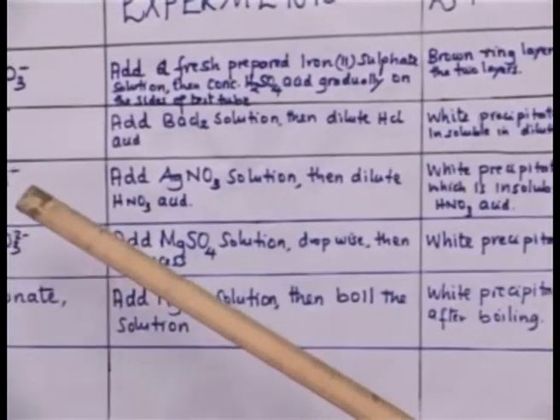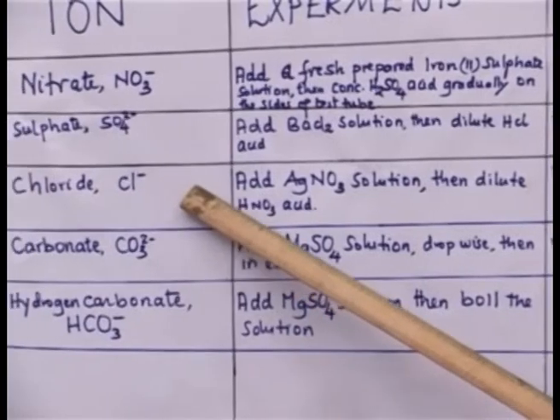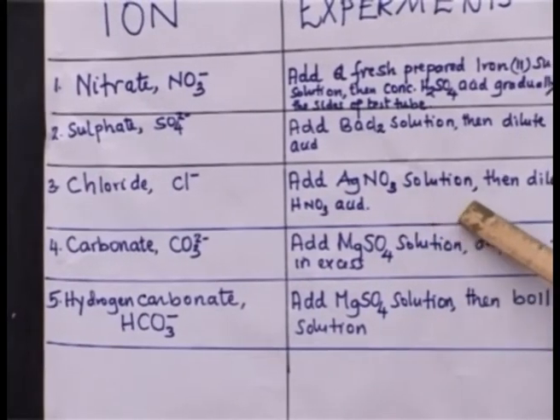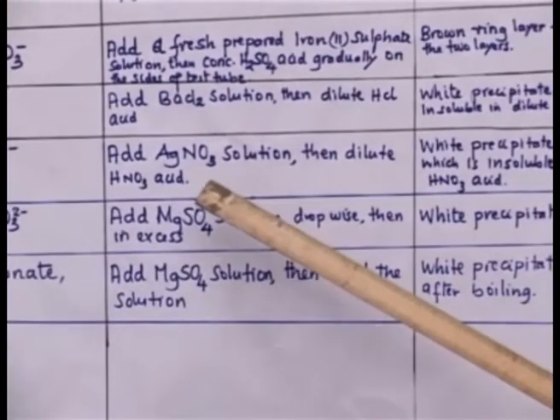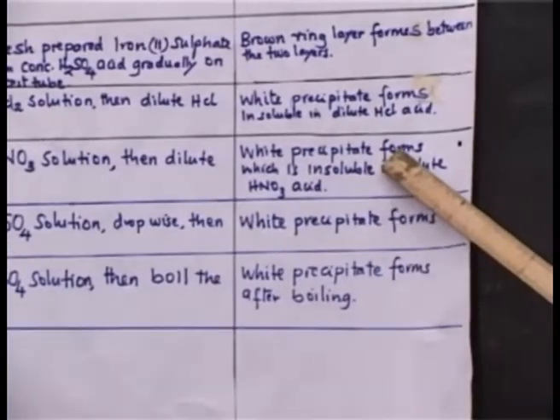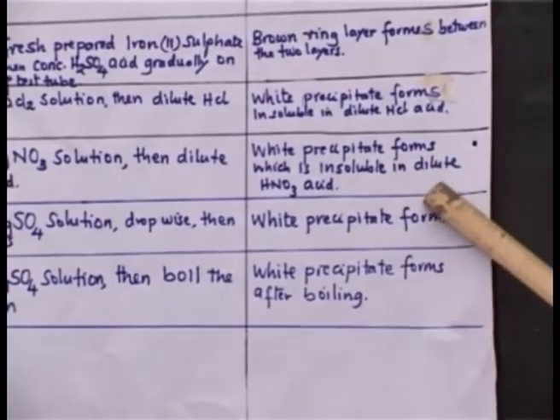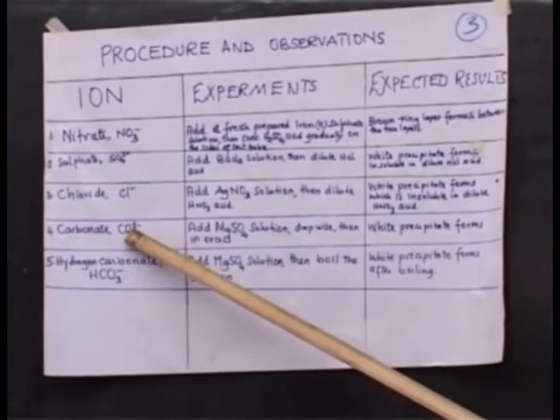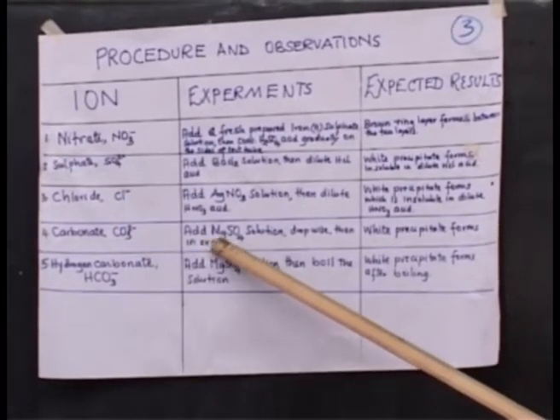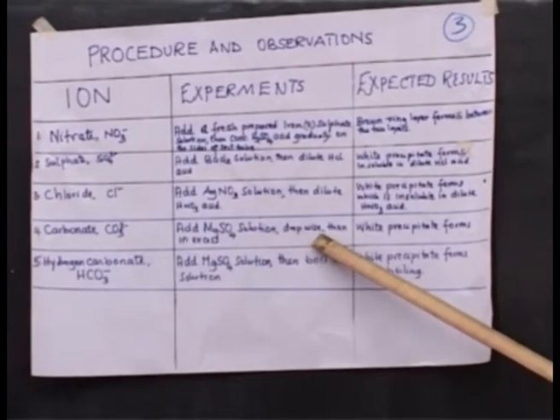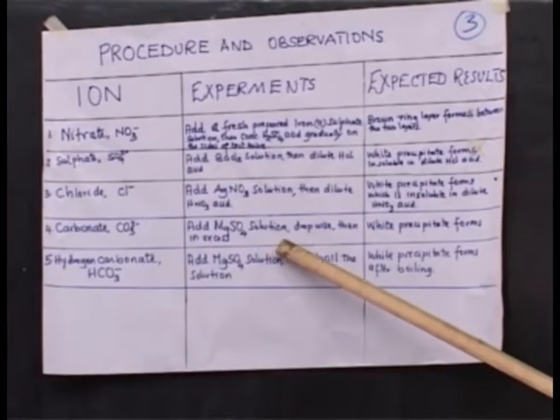To confirm chloride ions, you have to add silver nitrate solution, then dilute nitric acid. A white precipitate forms which is insoluble in dilute nitric acid. To confirm carbonate ions, you have to add magnesium sulfate solution, dropwise, then in excess.